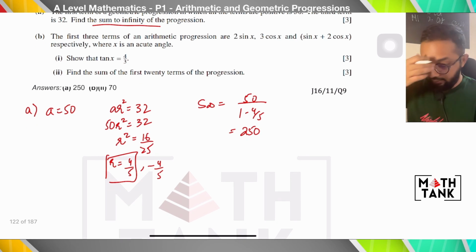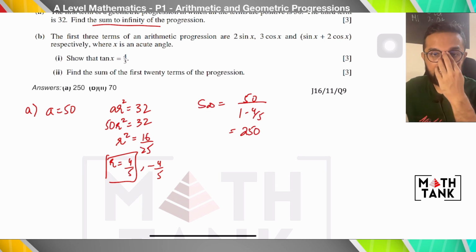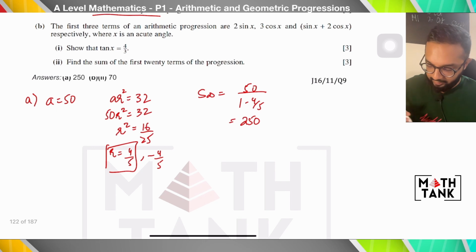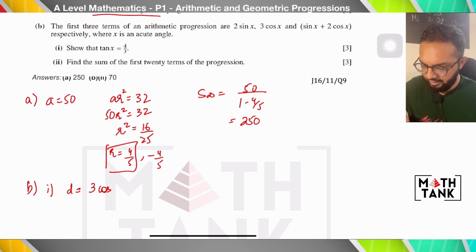The next question: the first three terms of an arithmetic progression are 2 sin x, 3 cos x, and this respectively, where x is an acute angle. Show that tan x equals 4 over 3. I think I will prove it with the common difference. I can say that the common difference is the second term minus the first term, or the third term minus the second term.